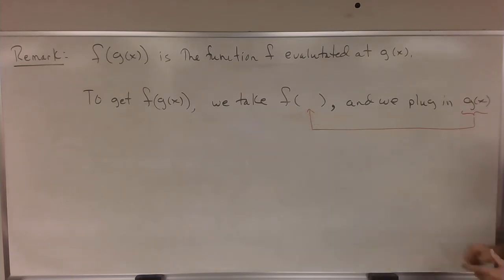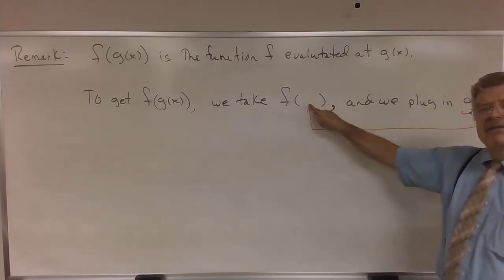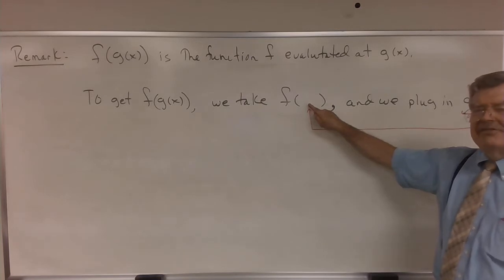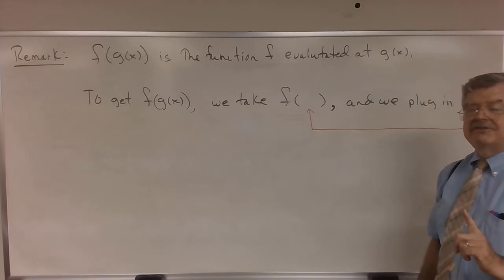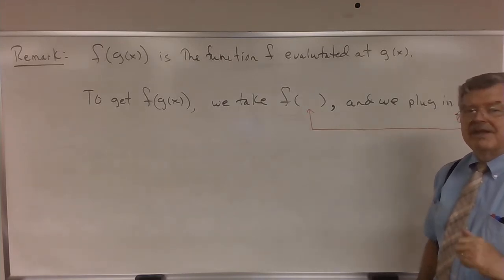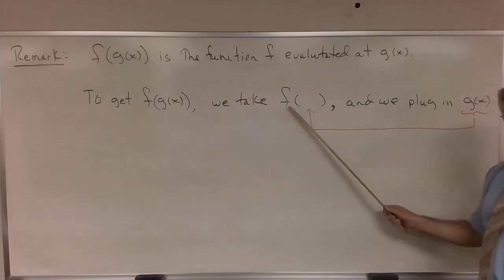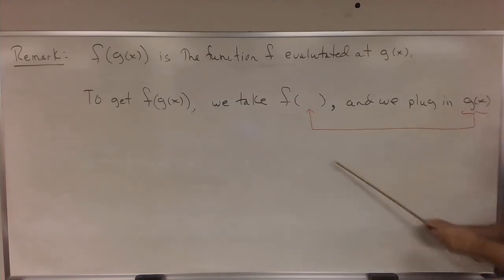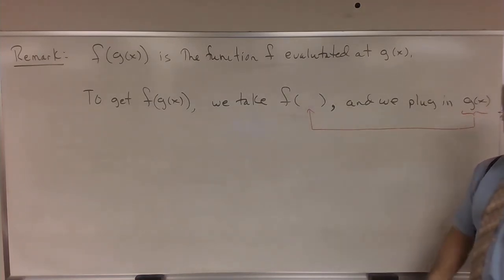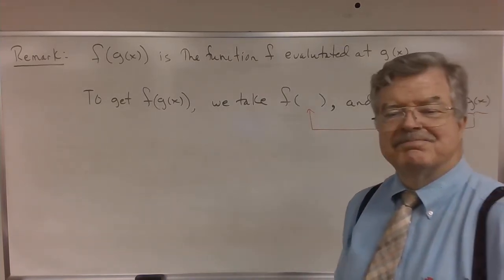We take the function f, and we take g of x, an entire function, and we plug it into f the way we would normally plug an x into the function f. So this is not multiplication. This is function composition. We are taking one function, f of x, and we are plugging into it another function, g of x. Now, let's do some exercises.